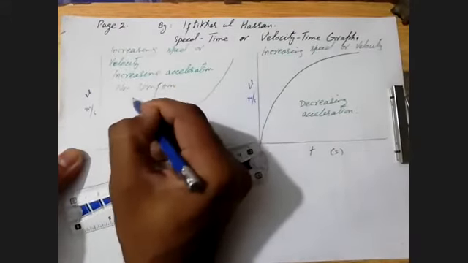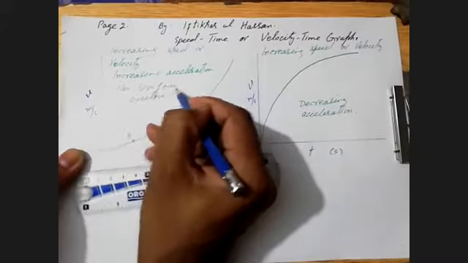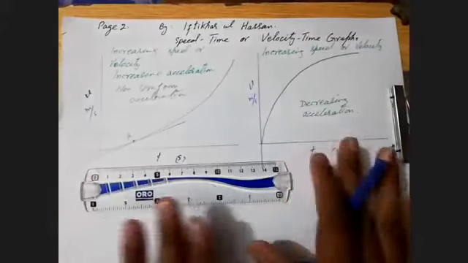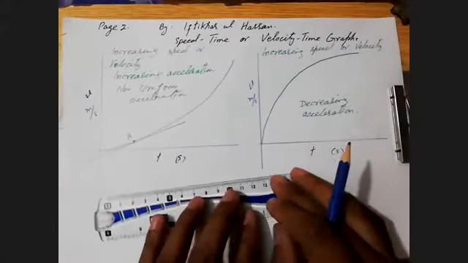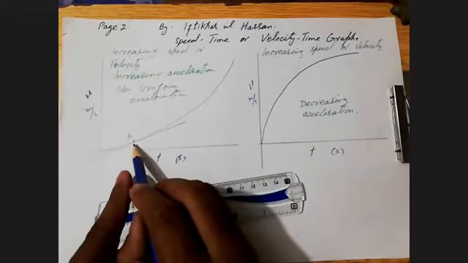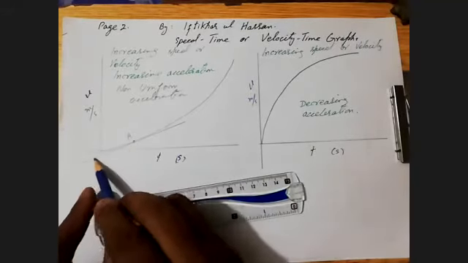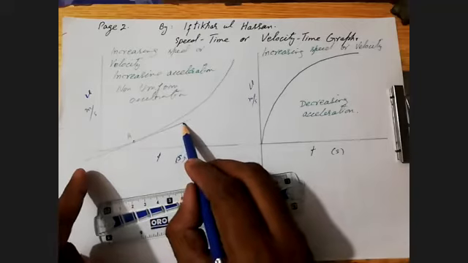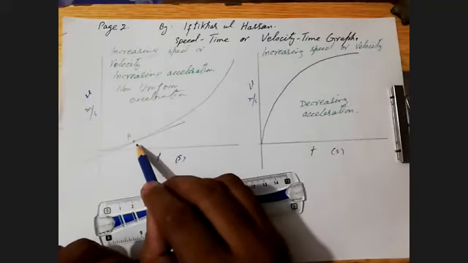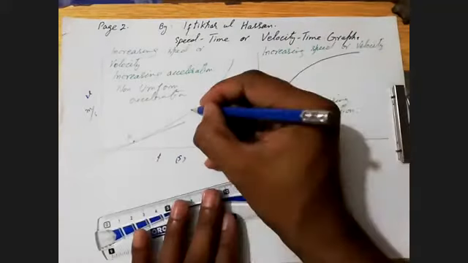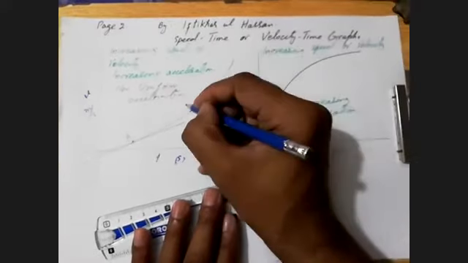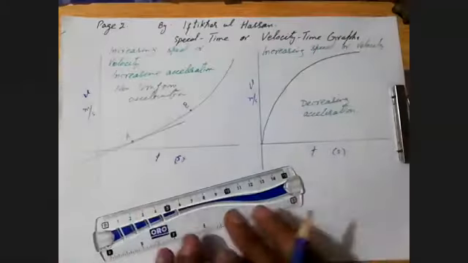Both cases are cases of non-uniform acceleration. At point A, the slope of this straight line gives you the acceleration at this point. Now I'm taking another point on the curve.